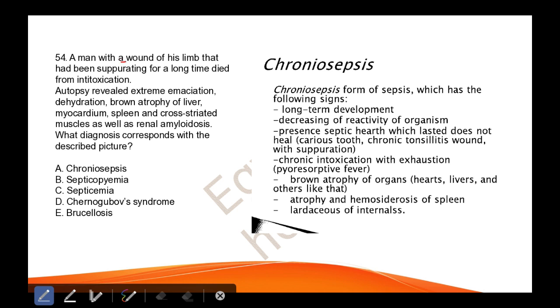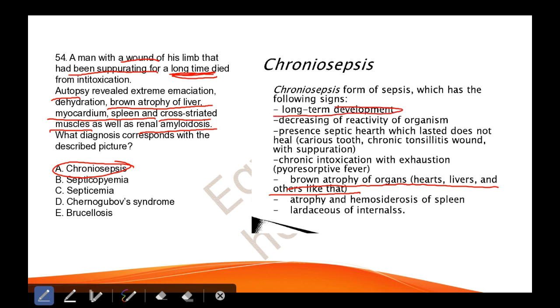So here we have a wound that has been suppurating for a long time. This is a chronic situation, and the autopsy revealed brown atrophy of the liver, myocardium, spleen, and cross-striated muscles, and also renal amyloidosis. This is chronic sepsis, and you can see here the same pattern discussed in the question. Also, this is a long-term development.